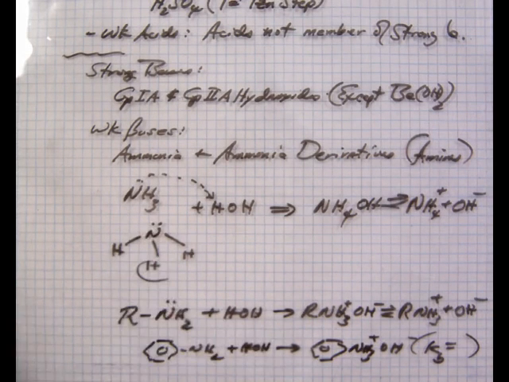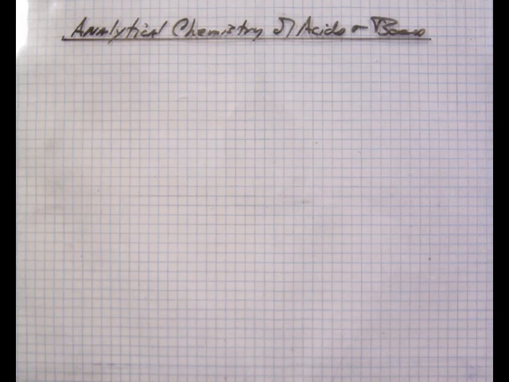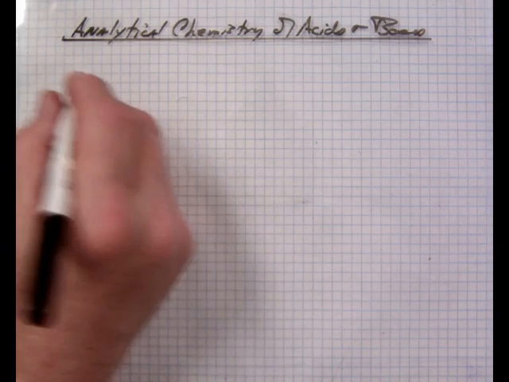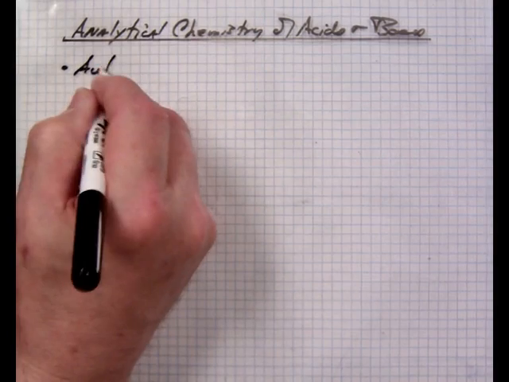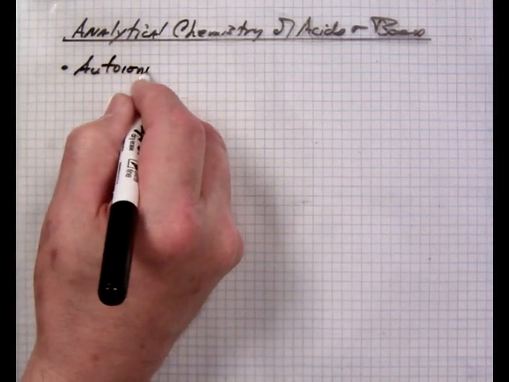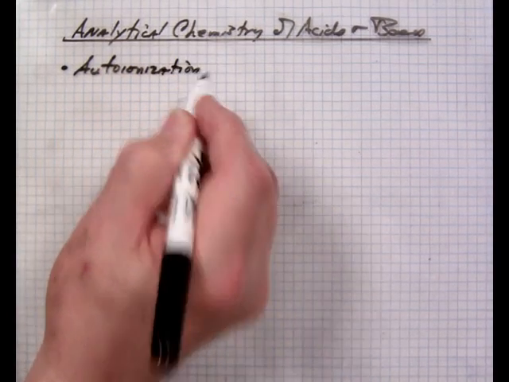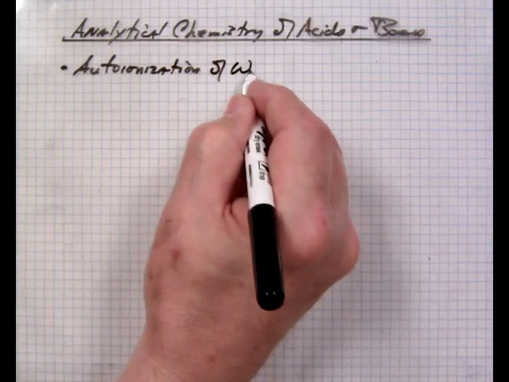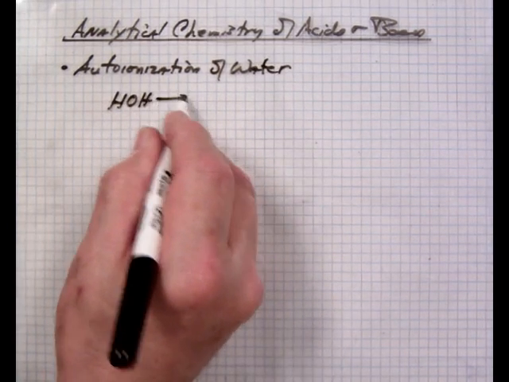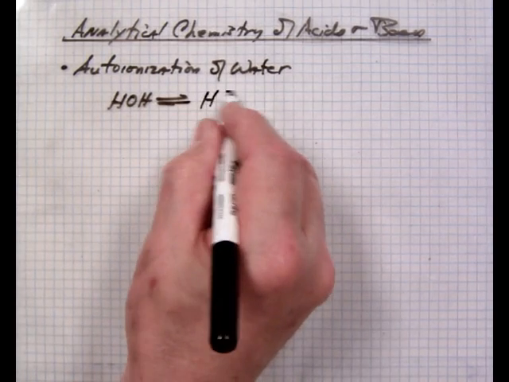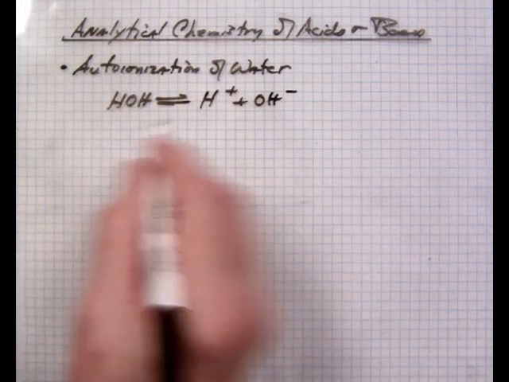Same way with the weak bases. Okay, analytical chemistry of acids and bases always begins with the autoionization of water. So the first topic that you need to keep in mind is autoionization of water. Here, HOH goes in equilibrium to H+ plus OH-.